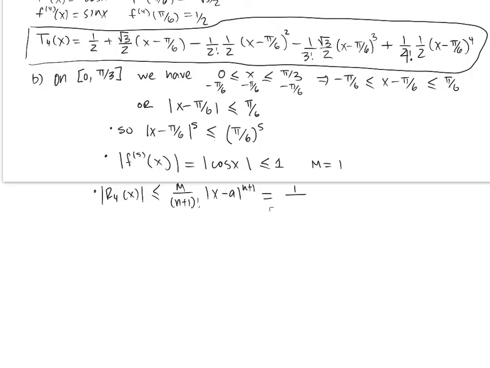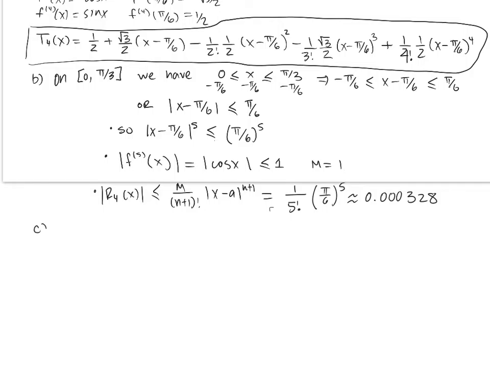What goes in for n? 4, so that becomes 5 factorial, or 120, times pi over 6 to the 5th, which is about equal to 0.0000328. That's a much worse error. Yeah, we're off by a bit more. That certainly is within 5 decimal places. Okay.